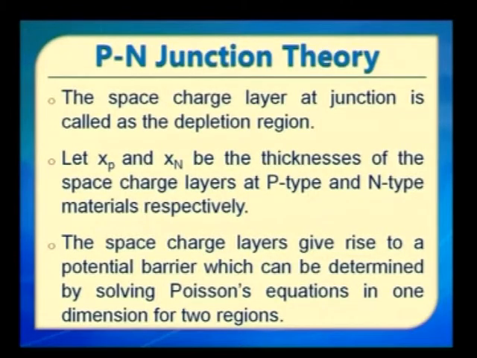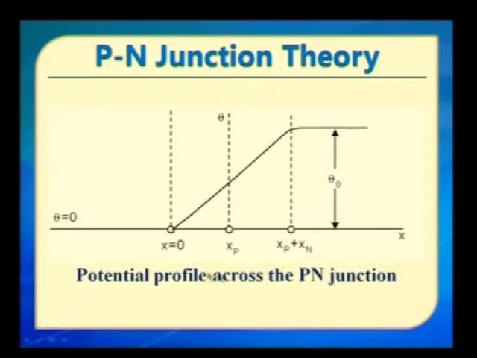The space charge layers give rise to a potential barrier, as I told you just now, which can be determined by solving Poisson's equation in one dimension for the 2 regions, because the Poisson equation is nothing but a marriage between the potential and the charge density. You all know Poisson's equation, del square V is minus 8 pi rho of r. So you are connecting the potential and the charge density, and so the potential barrier can be obtained by Poisson's equation. This is the potential profile across the p n junction.